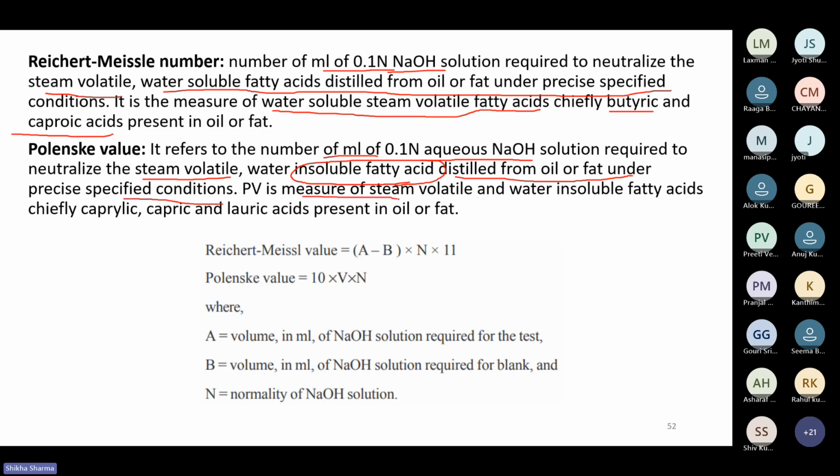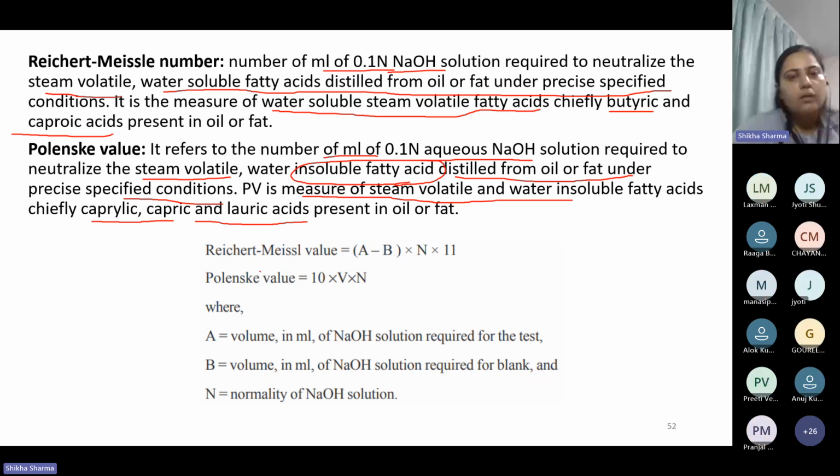Polenske value is a measure of steam volatile and water insoluble fatty acids like caprylic acid, capric acid or lauric acid, which are present in the oil.